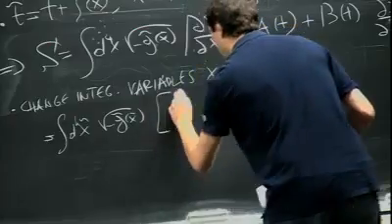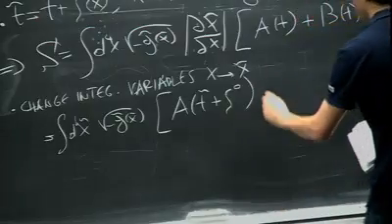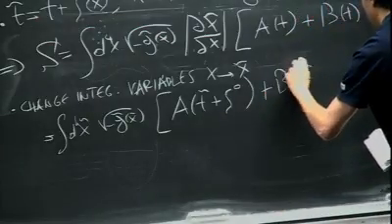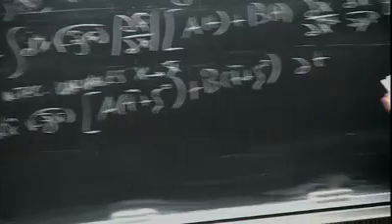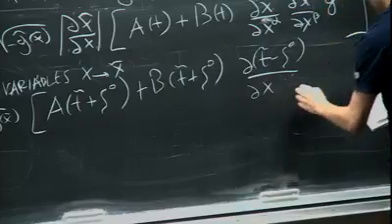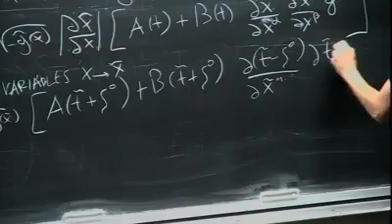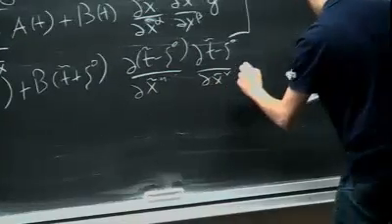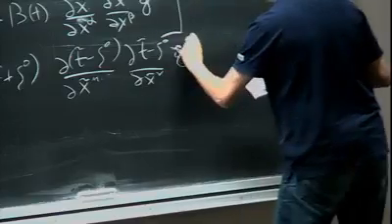And then there is A of t tilde plus pi, plus B of t tilde plus pi, times dt tilde minus d pi over dx tilde mu, dt tilde minus d pi over dx tilde nu, g tilde mu nu. Sorry, here I forgot the tilde: g tilde mu nu.